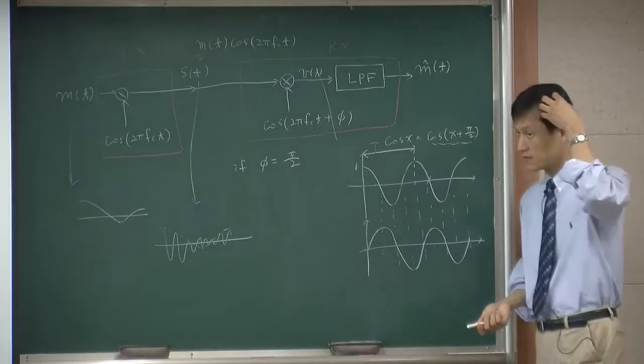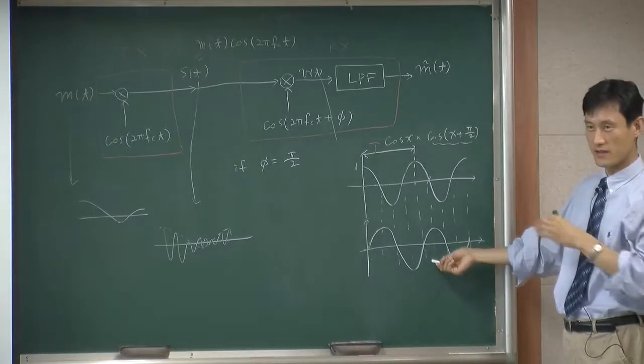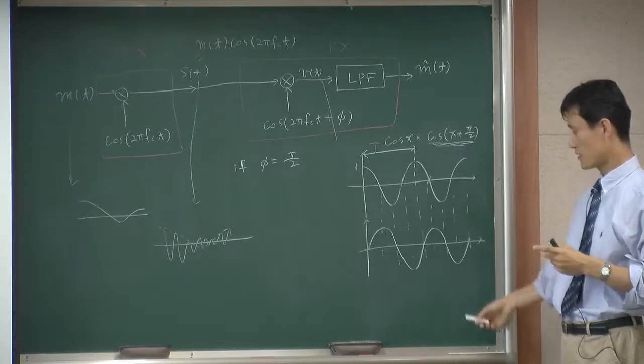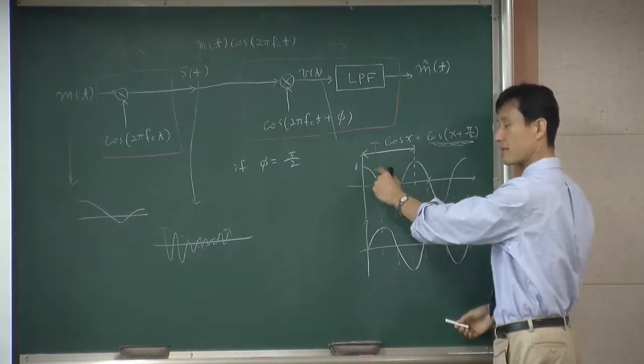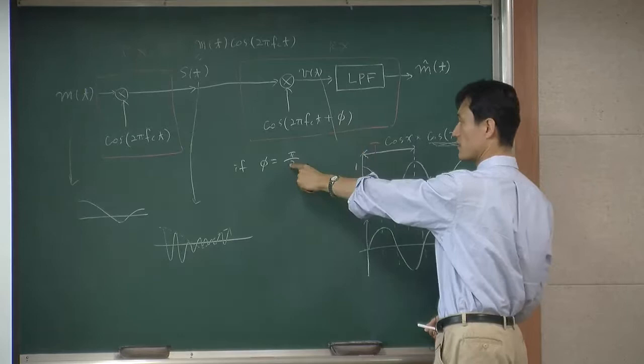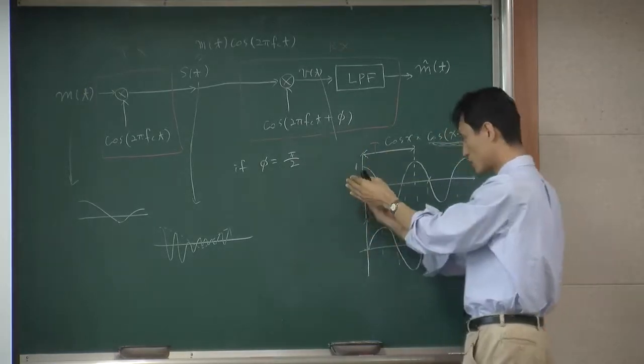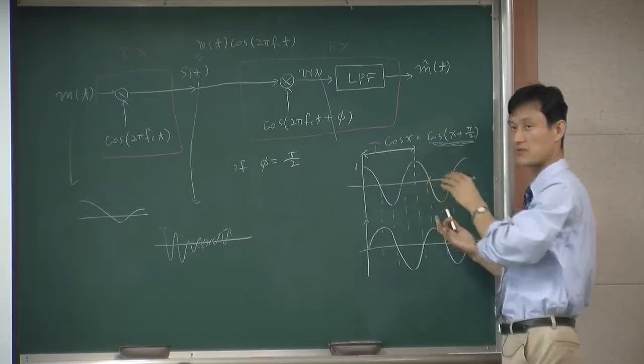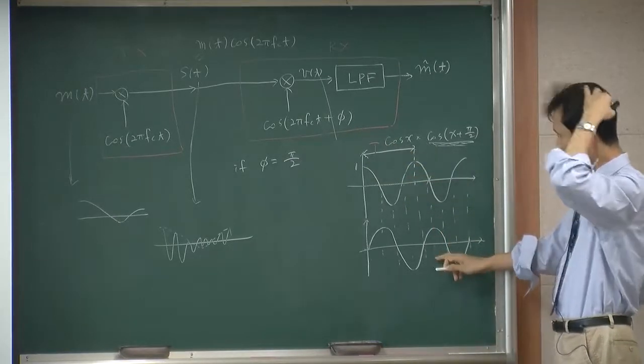I'm not drawing sine, it is actually sine, but what I'm trying to draw is this one. Originally cosine, but I'm adding the phase difference of 90 degrees. So you are shifting this cosine by 90 degrees because we have a phase difference of 90 degrees. So this is what we have.